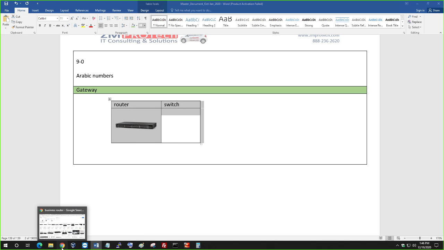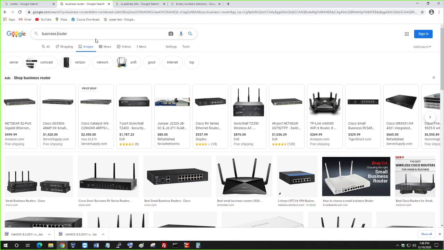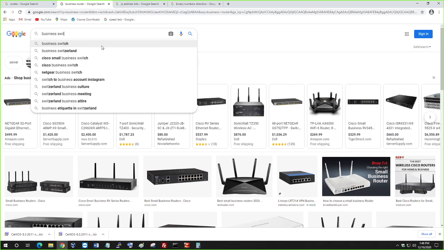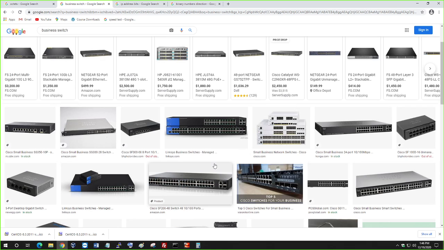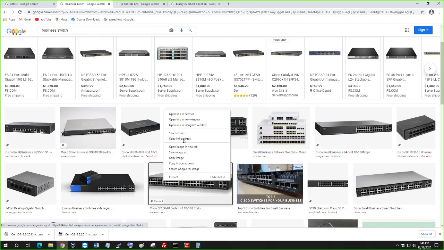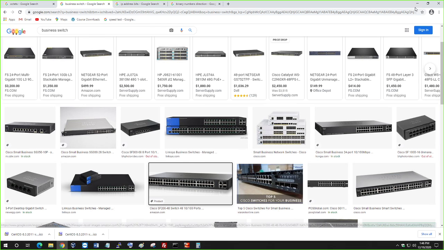So if you search for switch, right here, if you want a full utilization of a router, you may want to buy 2 or 3 switches so that you have the full capability of a router.